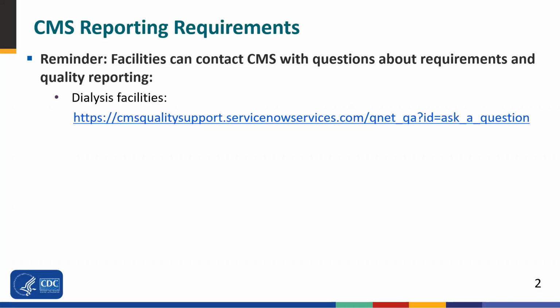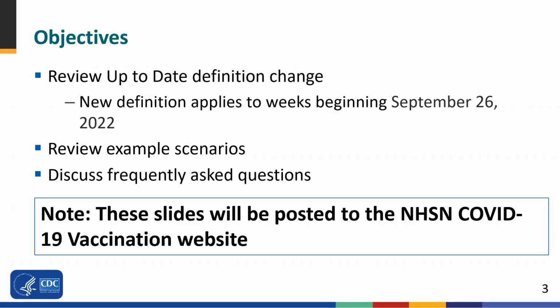The objective for today's webinar is to review the up-to-date definition change, as this new definition applies to reporting weeks beginning on September 26, 2022. We will then review example scenarios and discuss frequently asked questions.